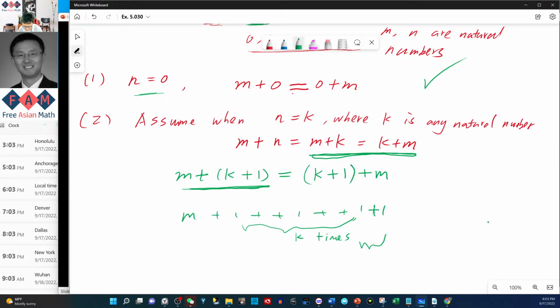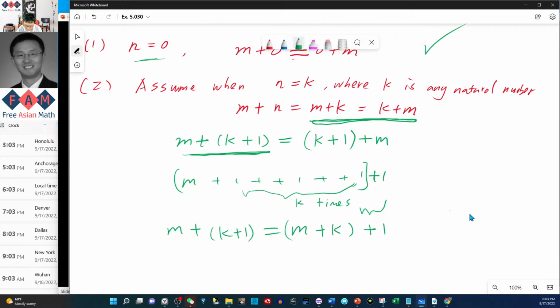That's our definition. But by our definition, this one, at this point, is m plus k plus 1, right? So what this means is that m plus k plus 1 equals m plus k, plus 1. Agree?